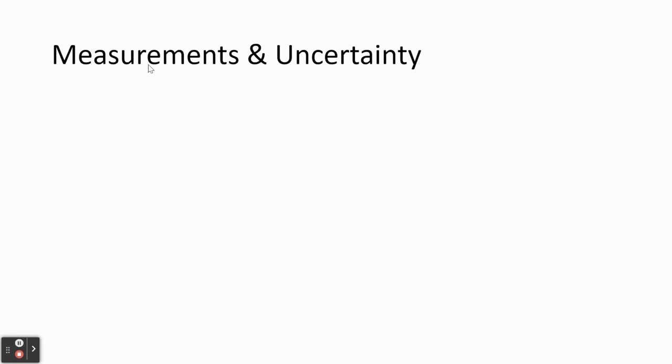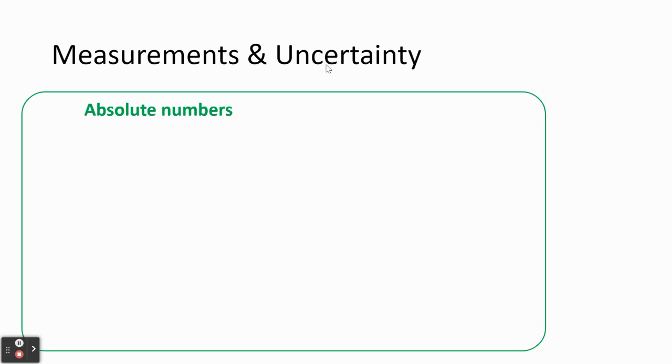Now, how do we determine where to round off calculated values? It has to do with how the measurements are made and the uncertainty of those digits. So when we talk about absolute numbers, counting numbers are absolute numbers. Like when we say there are 3 atoms in H2O, that's a counting number.